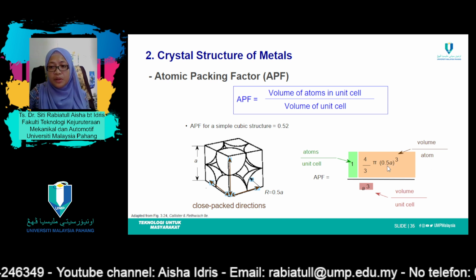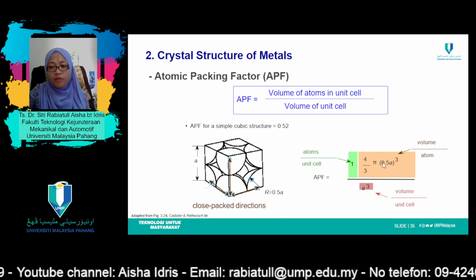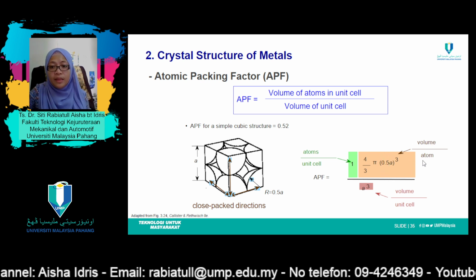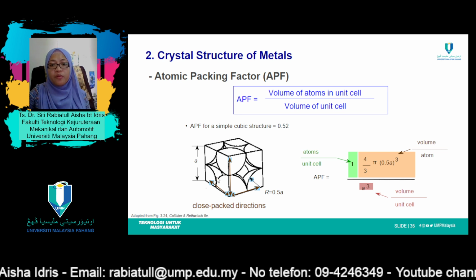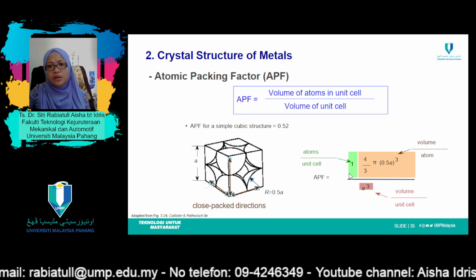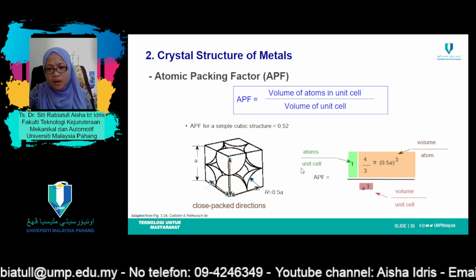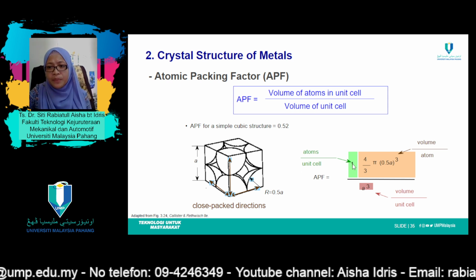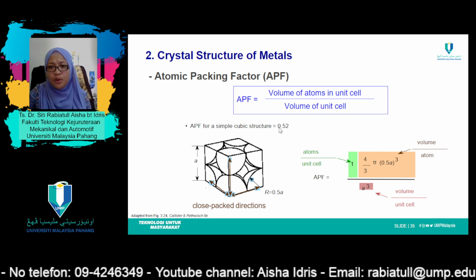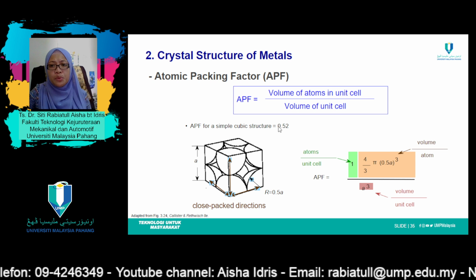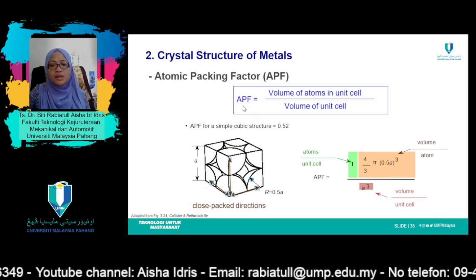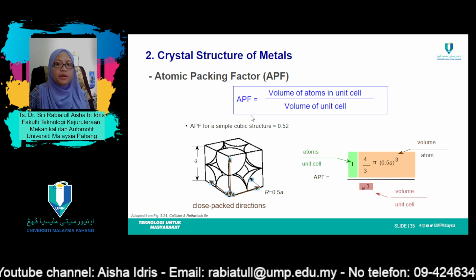So substitute the value of r here. This is the volume per atom. And the number of atoms for simple cubic is 1, so times 1. Then calculate the value. You will get 0.52 for simple cubic. This is the value for APF, atomic packing factor.